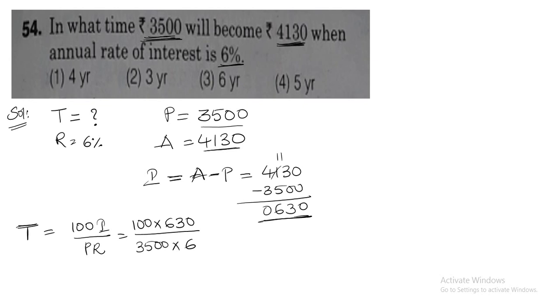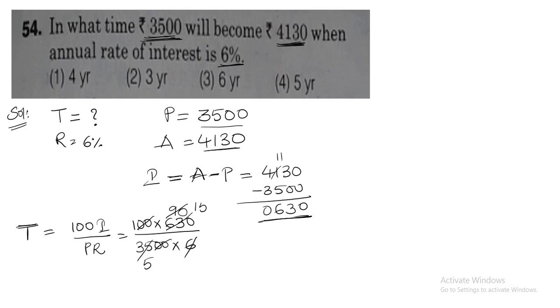Now doing cancellation, the 2 zeros get cancelled. Next, in the 7 table, 7 5s are 35. In the 7 table, 7 9s are 63. So 63, so 90. Now finally, in the 6 table, 6 1s are 6.